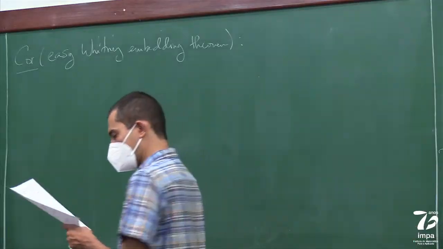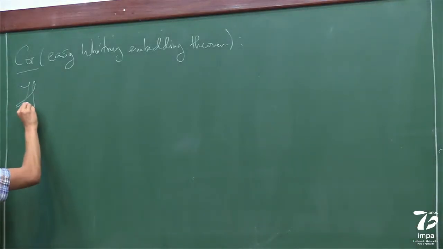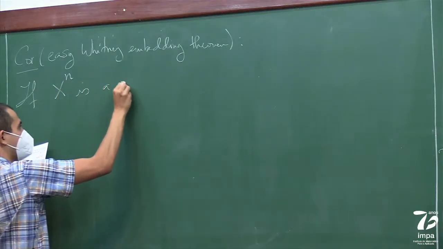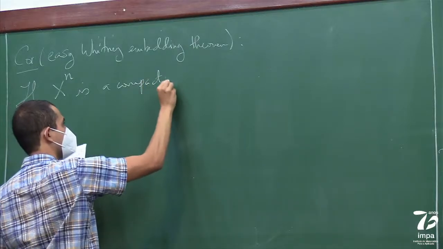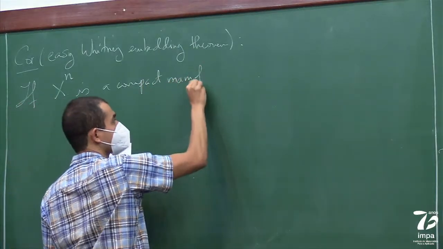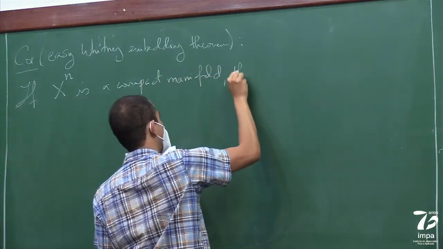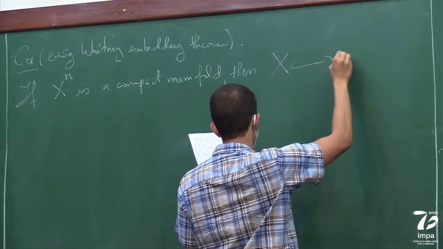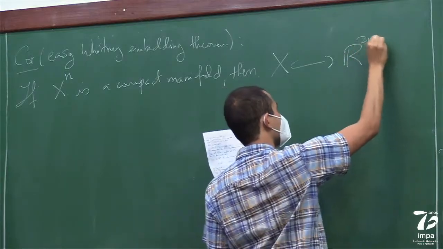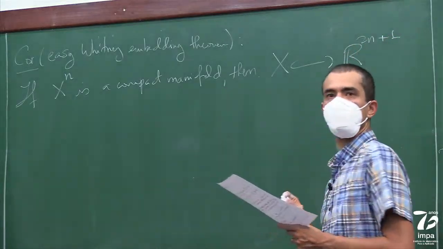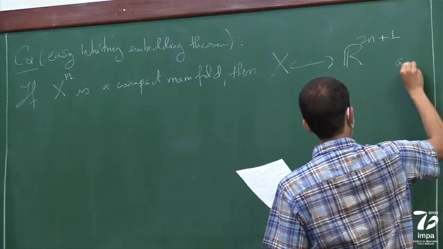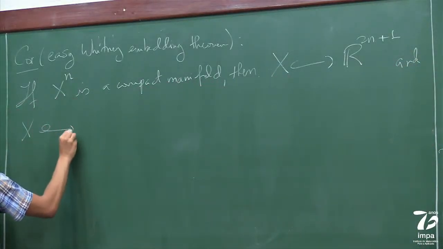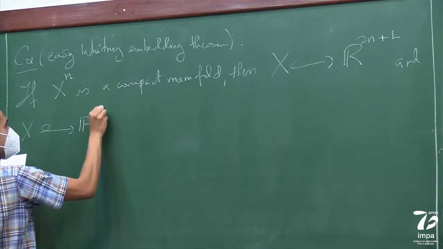Which says the following thing. If X of dimension n is a compact manifold, then there is an embedding of X into R^(2n+1), and there's an immersion of X into R^(2n).